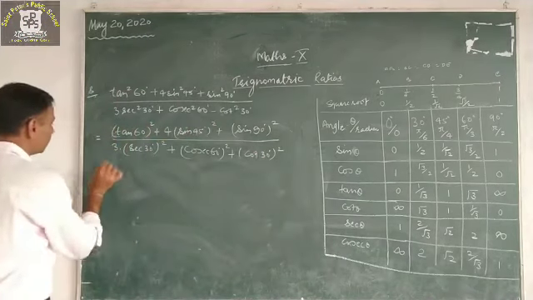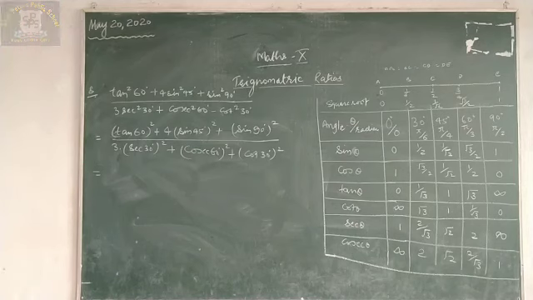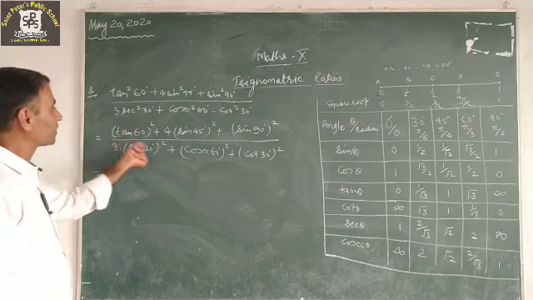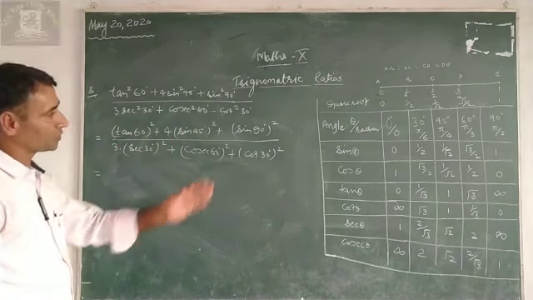Now what is to be done? We have to substitute tan 60, sin 45 degree and sin 90 degree by using this table.